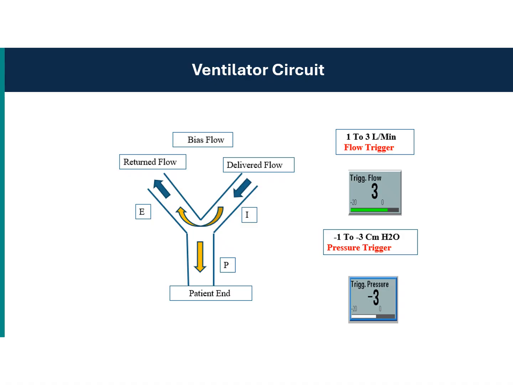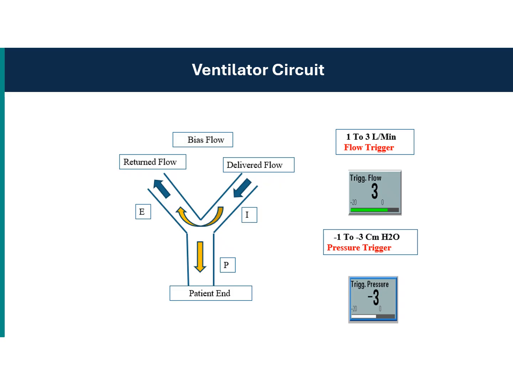Very rarely, probably in patients with bronchopleural fistula, there is a continuous leak, and probably you want to keep the trigger a little bit high, but not in the range of -10. So this is how the triggering happens. This is the patient side, this is the inspiratory limb. Whatever flow we are giving from the inspiratory limb will also go to the expiratory limb, and there will be an expiratory flow sensor.